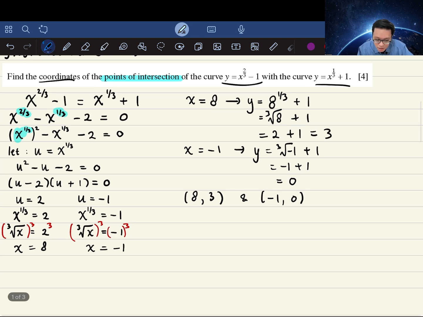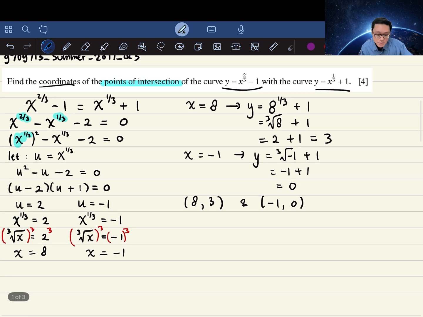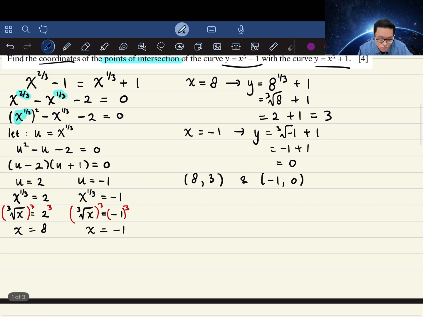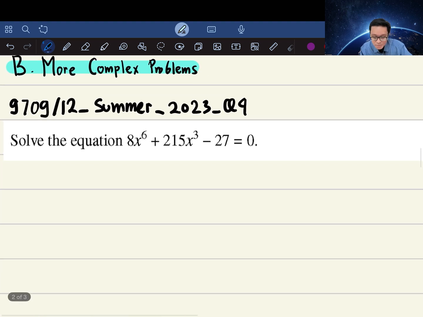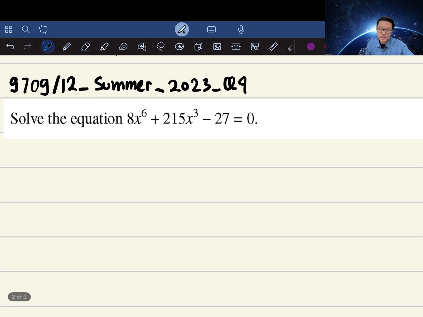Now, we also have some similar equations. Let's look at some more complex problems. It doesn't look like it is quadratic, but we can change it into quadratic, guys. So the first one, solve the equation 8x^6 plus 215x^3 minus 27 equals 0.